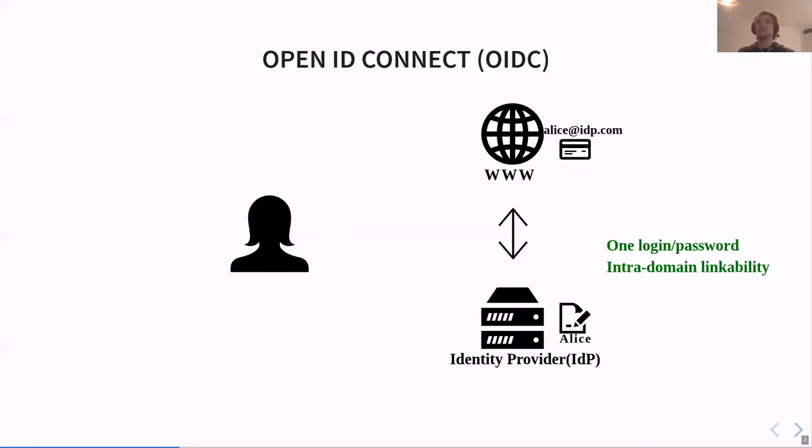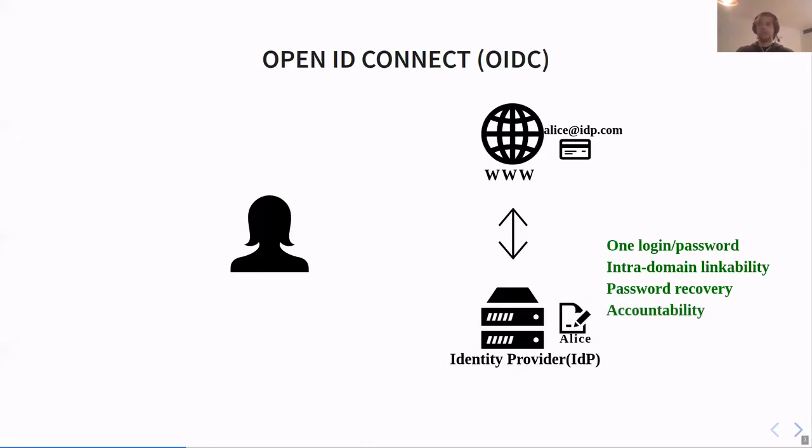So if the user tries to launch a Sybil attack by creating multiple accounts, the web service can easily detect and prevent it. We also have easy password recovery. So if the password is stolen or lost, the user just has to identify themselves to the identity provider and can easily reset the password without going to multiple web services.